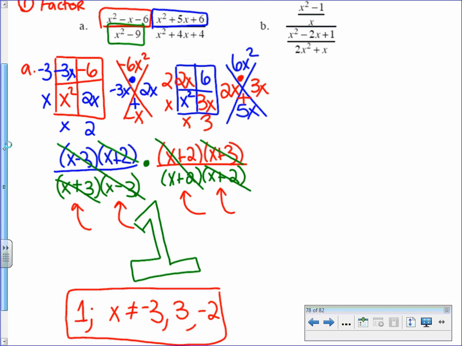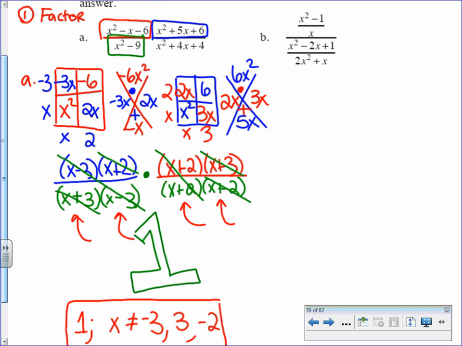Okay, let's look at the division. I don't like how this is written to start. So typically I rewrite it, x squared minus 1 over x, and then divided by x squared minus 2x plus 1 over 2x squared plus x. Okay. Division is the same as multiplying by the reciprocal.